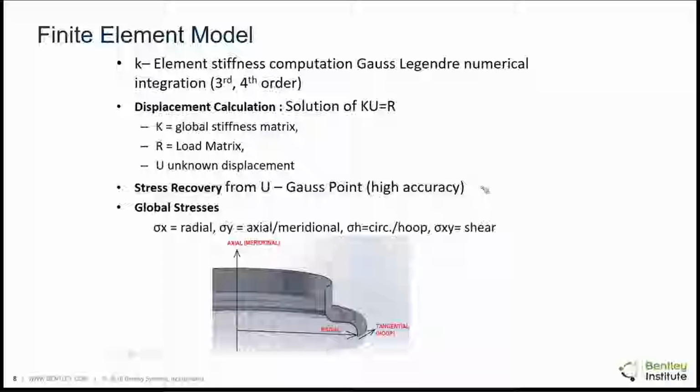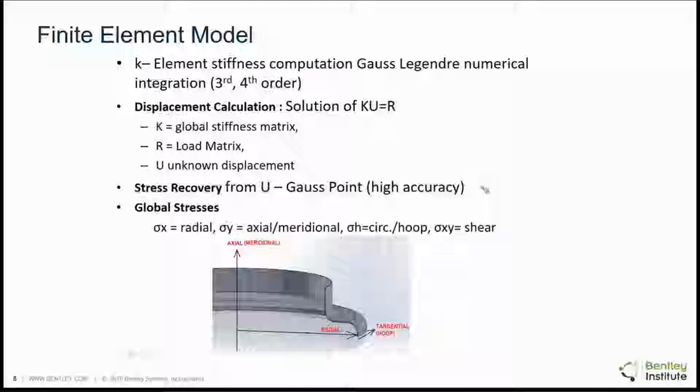When you solve this system of equations, you get U, the unknown displacements, and from there, through Gauss point stress recovery, which gives much more accurate calculations of the stresses, you get the global stresses: the radial, the axial or meridional, the sigma h circular hoop stress, and the sigma xy shear stress as shown here.